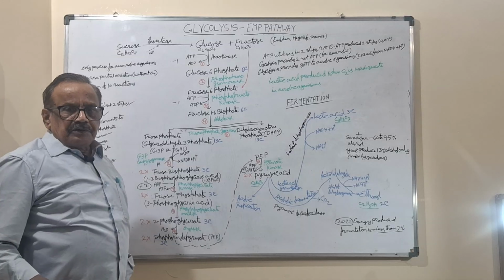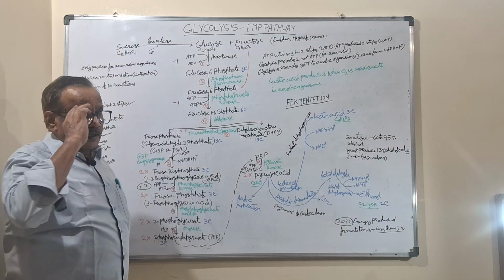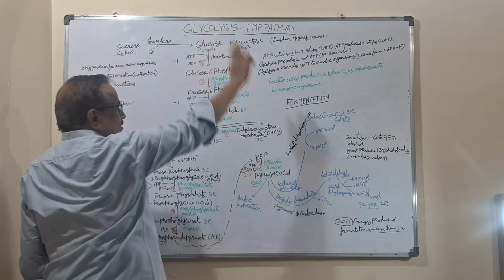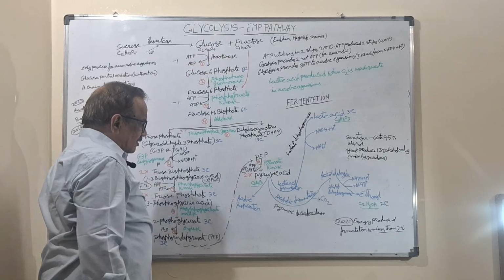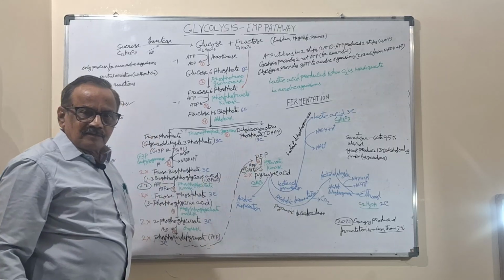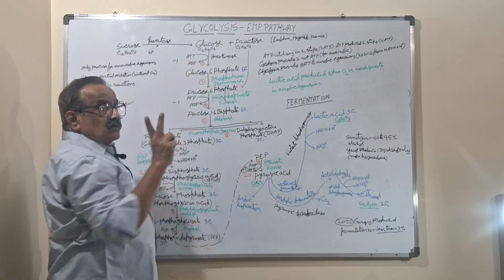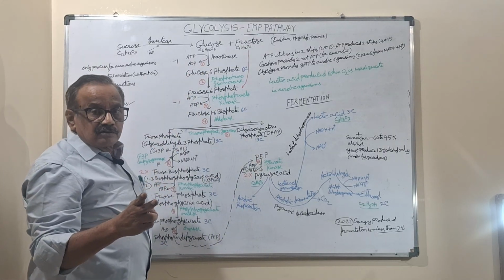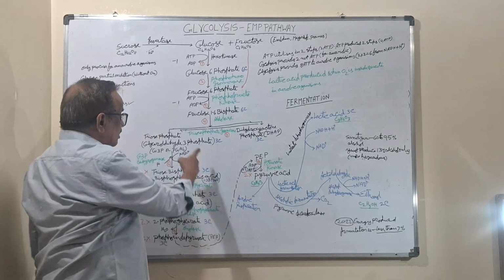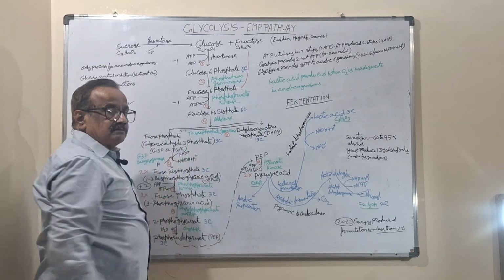Now, one more thing I will tell. Now you see here, glucose is C6H12O6 and the formula of the pyruvic acid is C3H4O3. It is splitting into 2 three-carbon compounds. Why does it become C3H4O3? Because it lost 2 hydrogens here.